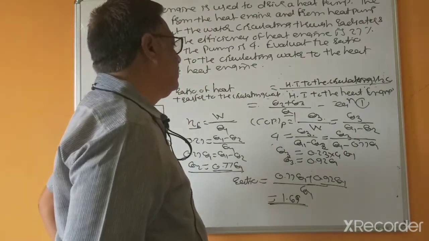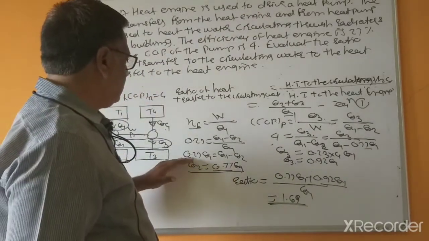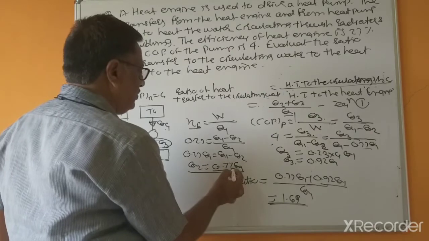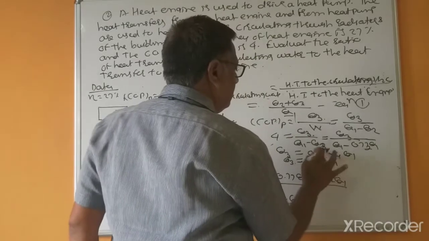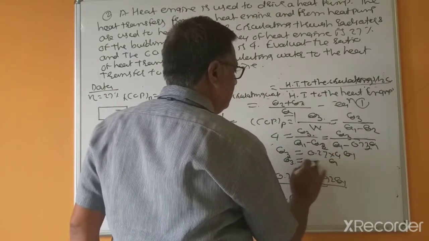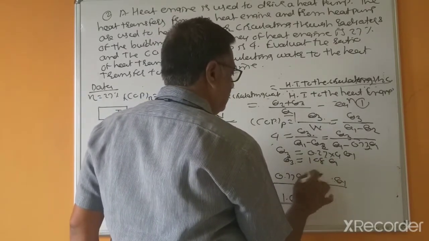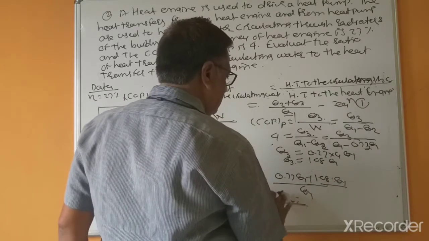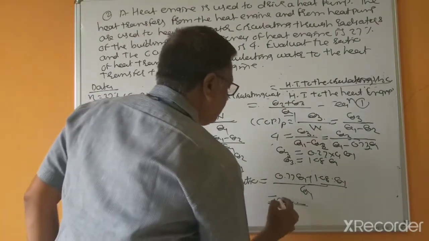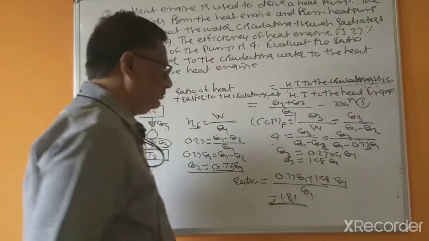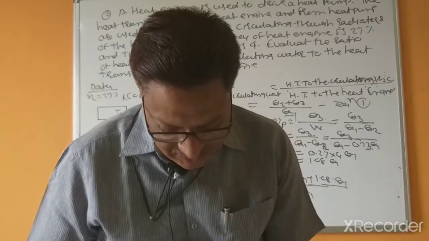So we made a mistake: the efficiency is 0.27, so Q2 is 0.73 Q1, and 0.73 plus 1.08 gives 1.81. So this is a silly mistake in the calculations, and such mistakes may happen during the examinations.